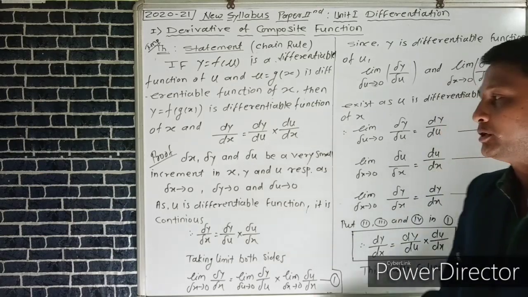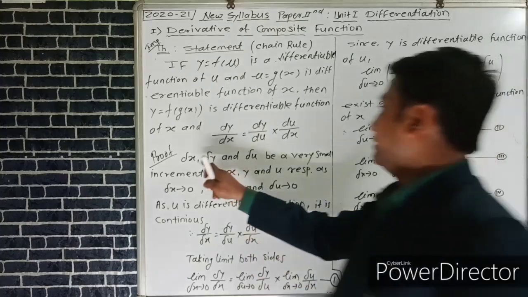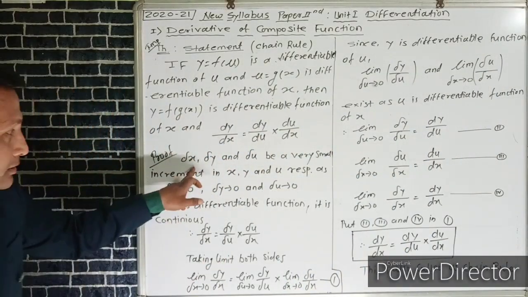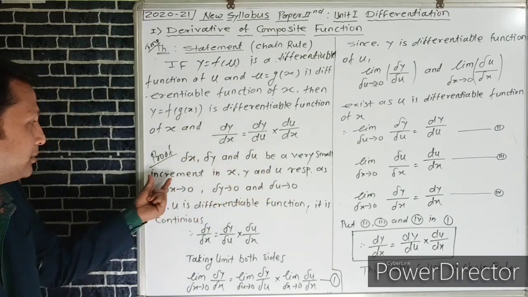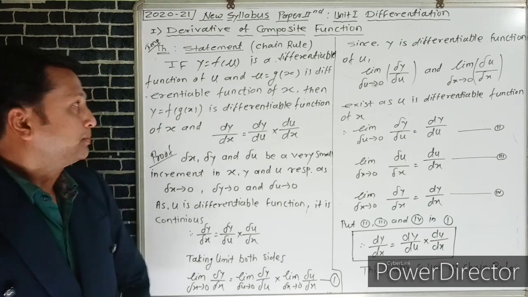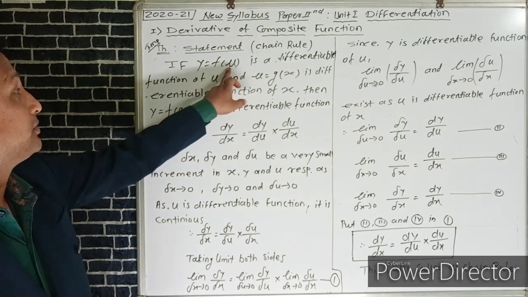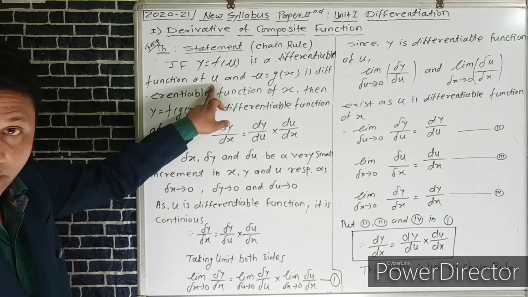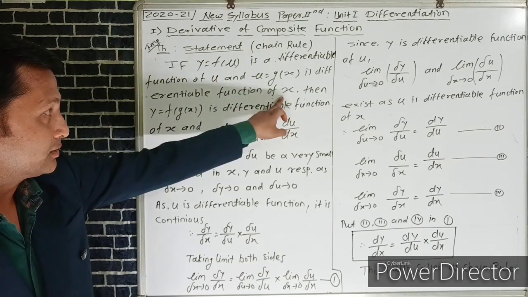If we have to prove this theorem, first of all let us consider del x, del y and del u to be very small increments in x, y and u respectively, because y is equal to f of u is a differentiable function of u and u is equal to g of x is also a differentiable function of x.